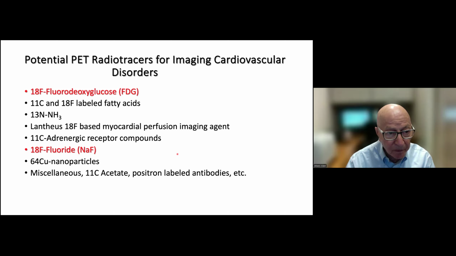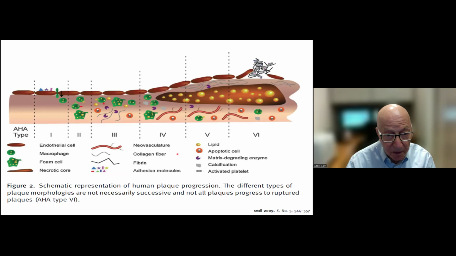know today. Of all the tracers, and there are many of them that have been introduced to the field over the years, two stand out. One is, of course, FDG, and the other one is sodium fluoride. Sodium fluoride mimics molecular calcification in various settings, including atherosclerosis.